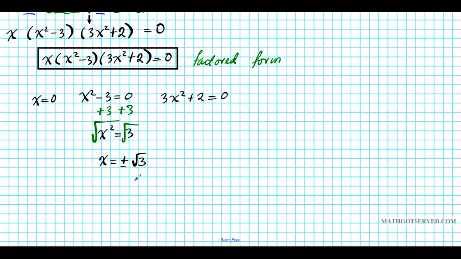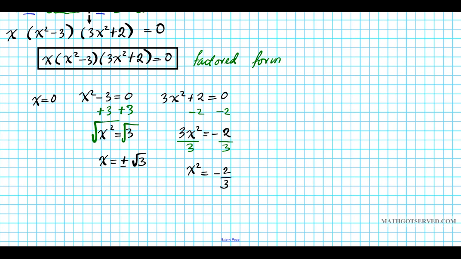Let's shift our attention to the last factor. You subtract 2 from both sides. That leaves you with 3x squared equals negative 2. Divide both sides by 3, and that yields x squared equals negative 2 over 3.